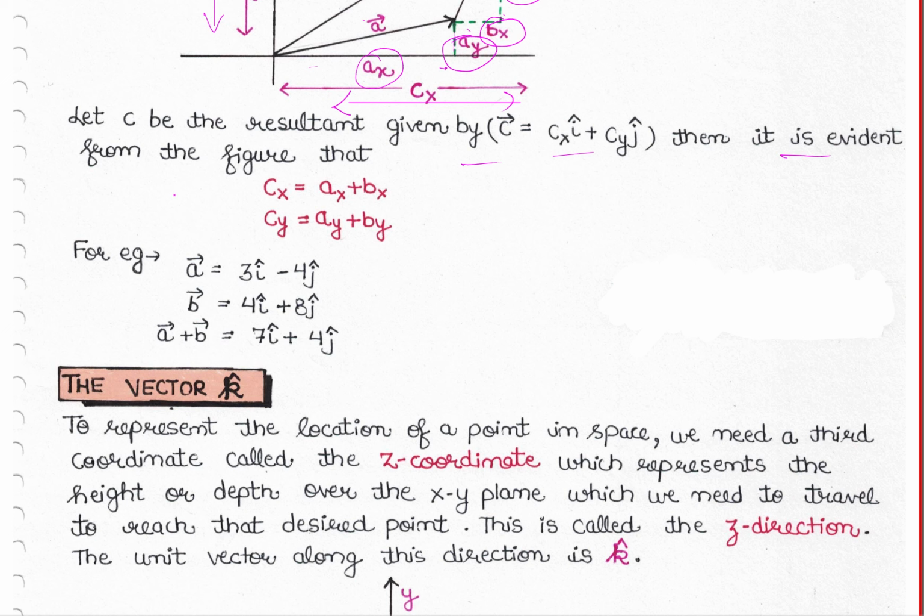Then it is evident from the figure that cx is equal to ax plus bx and cy is equal to ay plus by. For example, a is equal to 3 i cap minus 4 j cap, b is equal to 4 i cap plus 8 j cap. So a plus b is equal to 7 i cap plus 4 j cap.